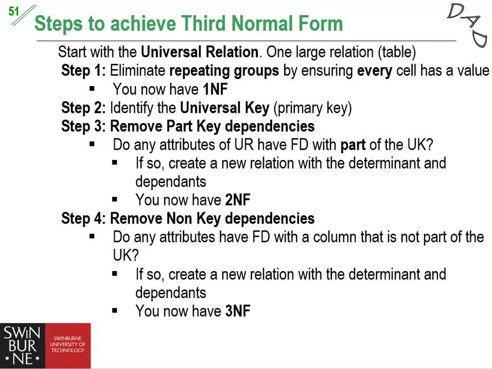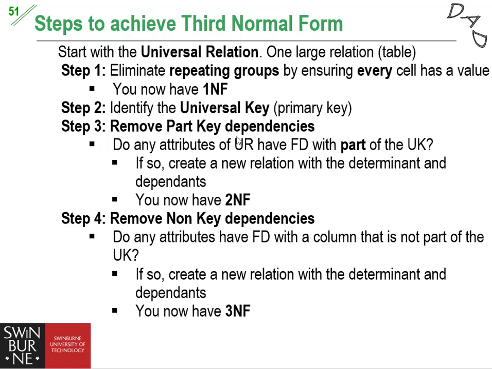Each cell must contain only one single value. If you eliminate that, we are now in first normal form. Step 2 is we need to identify the universal key or the primary key for that universal entity or table.